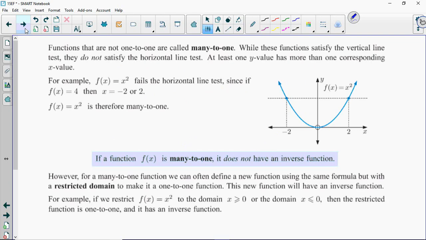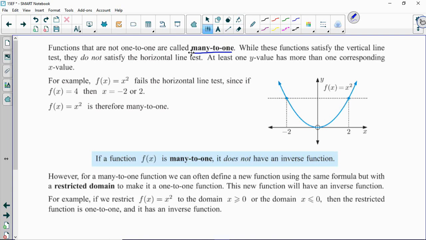Okay, so if a function's not one-to-one, we call it many-to-one. It's still a function. Again, a function means that each x value goes to exactly one y value, but a many-to-one function means that many x values go to the same y value. So as an example here, we see x squared.